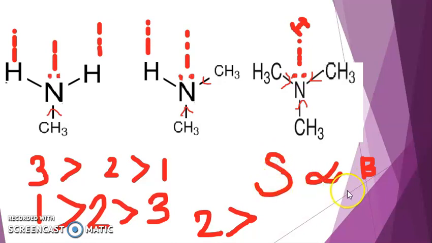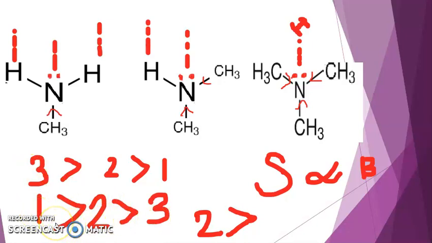Looking at these two orders, the secondary amine is more stable than the other amines. Let's come to the other thing, that is primary and tertiary.